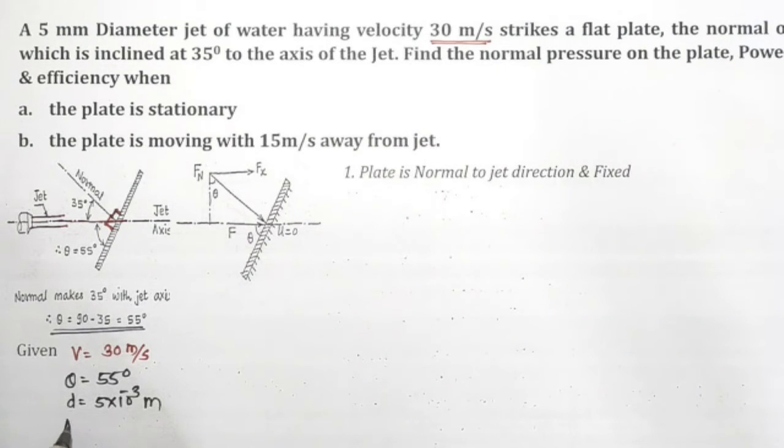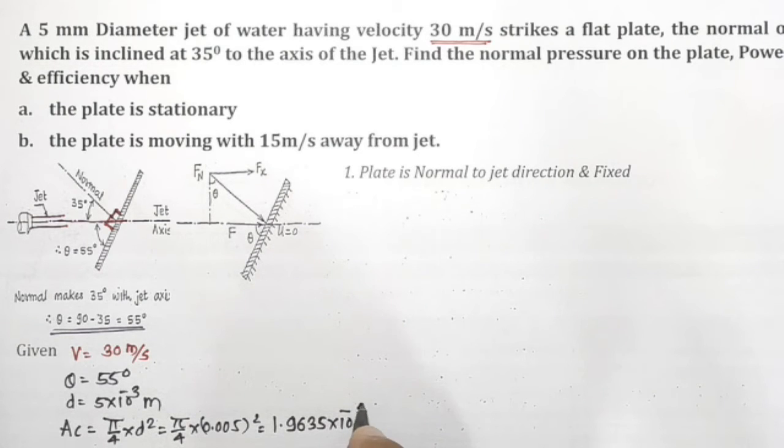So the cross sectional area will be pi by 4 into d square, which results into pi by 4 into 0.005 square. This comes to 1.9635 into 10 raised to minus 5 meter square.